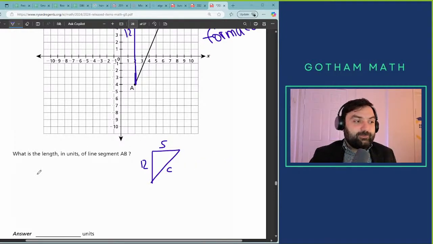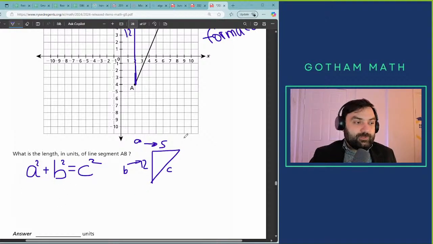It should be in school everywhere. It's a famous formula. A squared plus B squared equals C squared, where A and B are our leg sides, and C is what we're looking for.